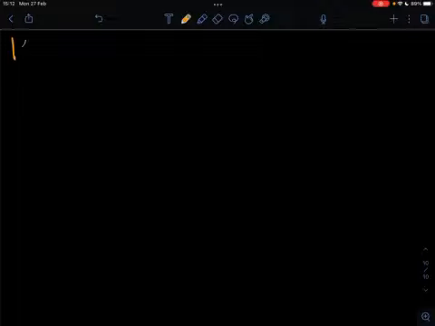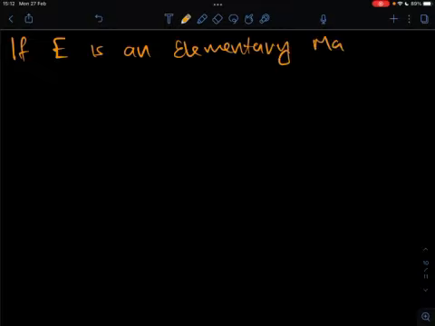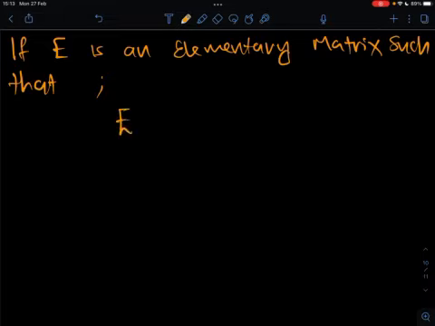If E is an elementary matrix such that E is equivalent to Pij, then what you should know is that E inverse will be just Pji.